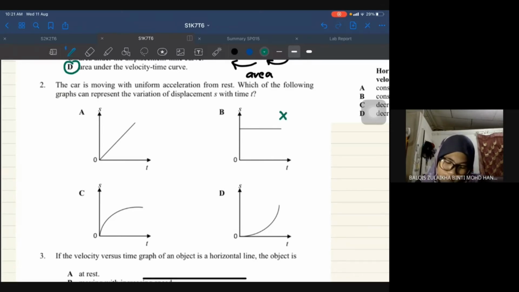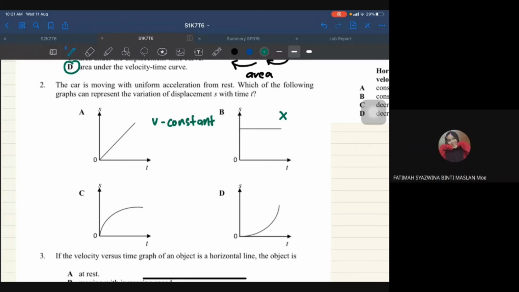Yang S ni kalau V is constant, kan? Yang D ni kalau A is constant. Okay, kalau yang C tu pula ada deceleration.